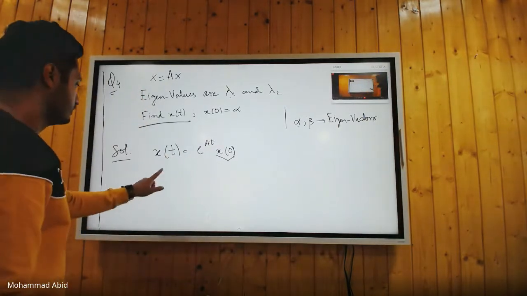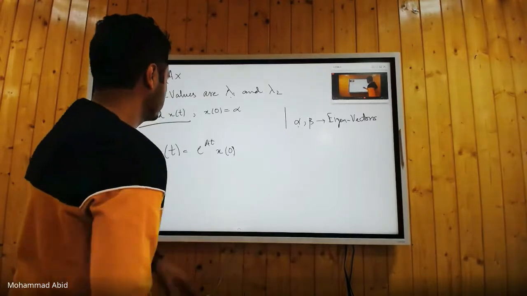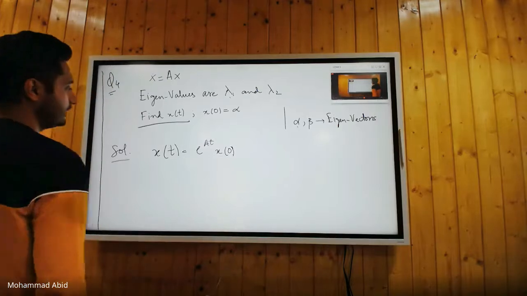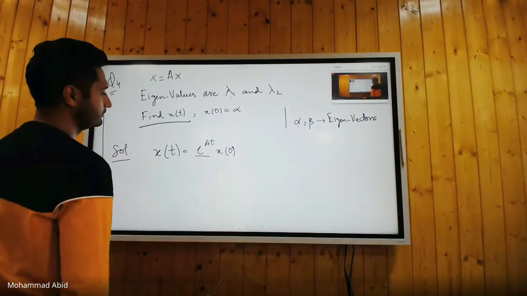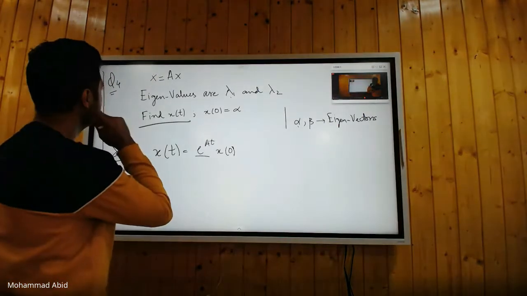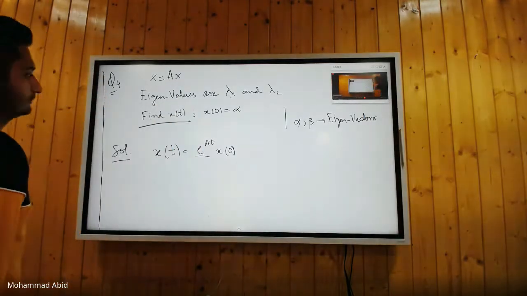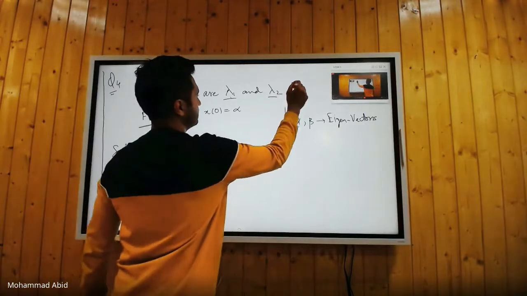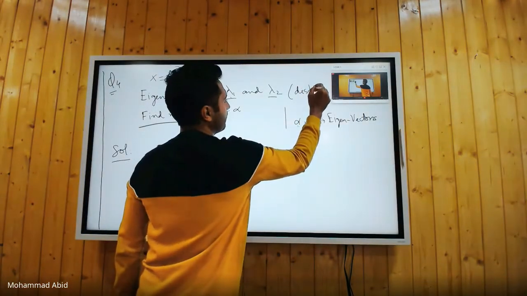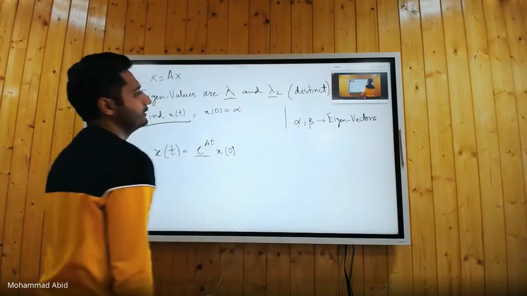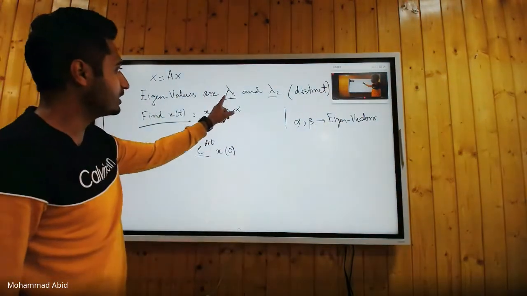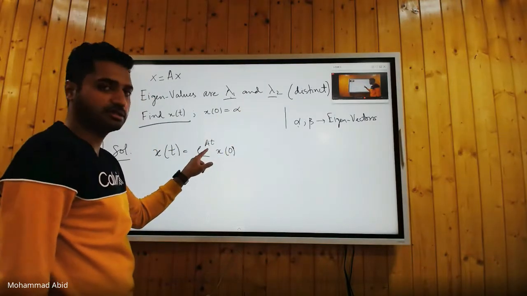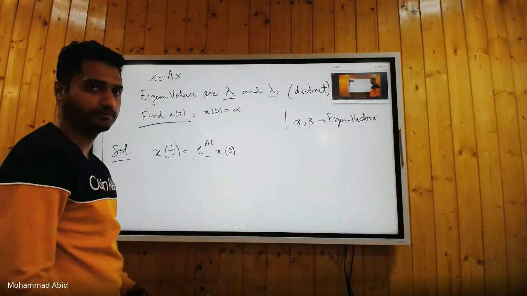Okay. So just substitute this and you will get x(t). e to power At times x0, and x0 is alpha. For that, we need e to power At. Again, it's coming again and again in every question. A is not given, but eigenvalues are given, and they are distinct. This is an important thing. In the previous question, I told you if you are having two eigenvalues which are distinct of this A matrix, how will you write this e to the power At?